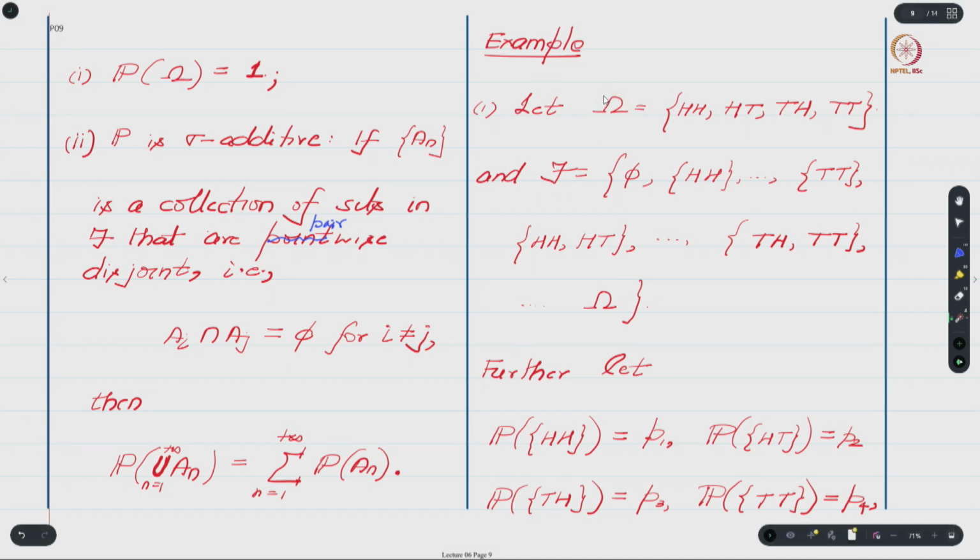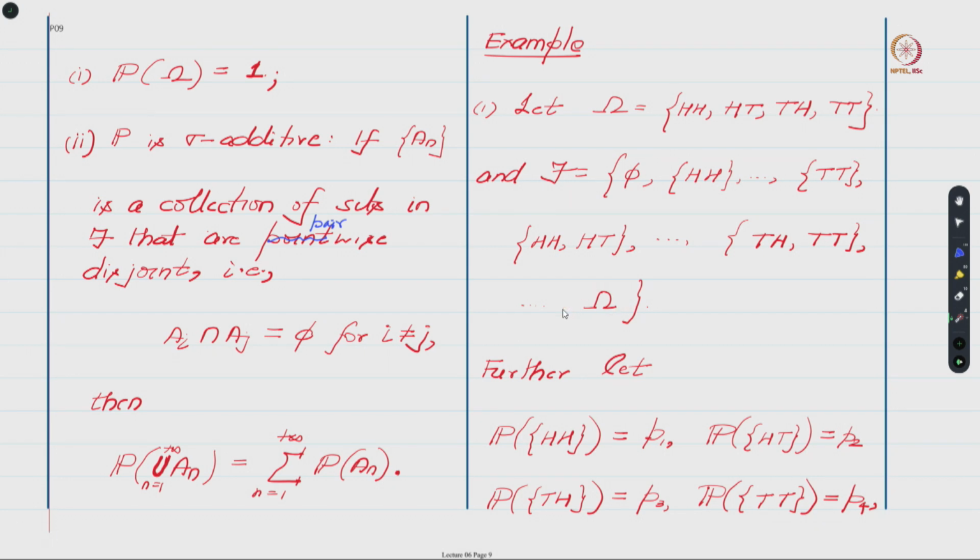Power set of omega means your calligraphic F consists of all possible subsets of omega. The first subset is the empty set, then you have the singleton subsets, that is, subsets consisting of only one element. Then you have sets consisting of two elements, HH, HT and so on, and you have sets containing three elements, and the set containing four elements is basically omega.